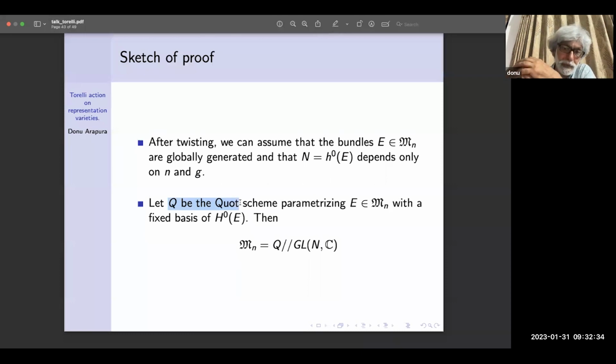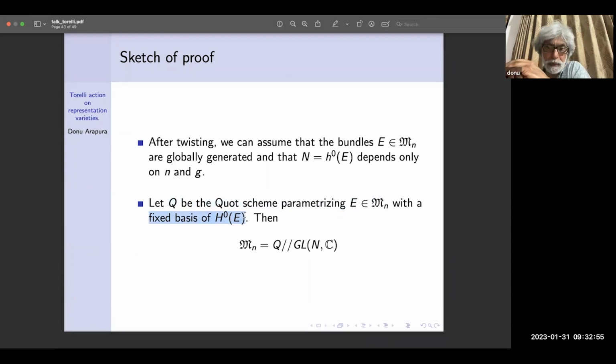So let Q be, and I'm actually going a little bit into the construction of this moduli space, which is standard, but maybe it's good to recall it. So Q is the quote scheme parametrizing these bundles with a fixed basis.